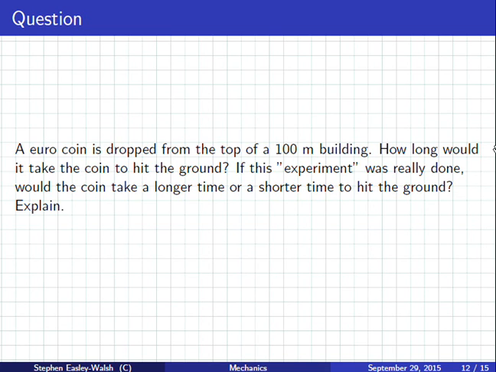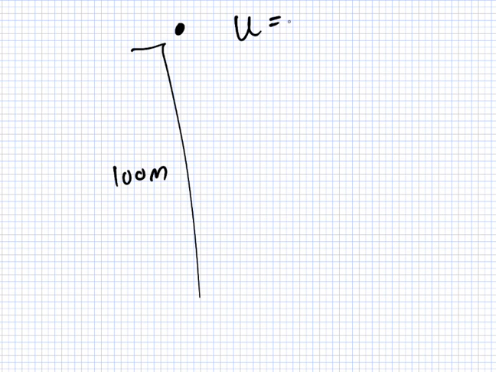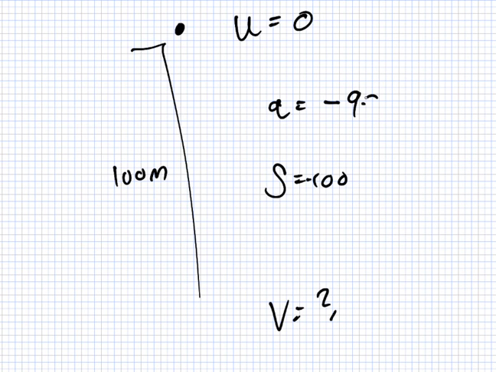I drop a coin from a 100-meter building. How long will it take for the coin to hit the ground? Alright, I'll do it quickly, it's a calculation. So look, 100 meters, coin, what's the u? 0. v, we don't know. s is minus 100, and then a is minus 9.81.